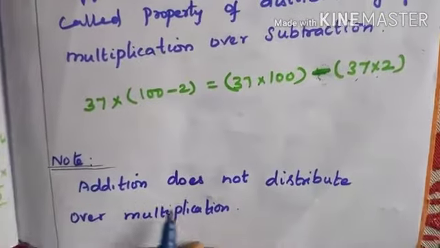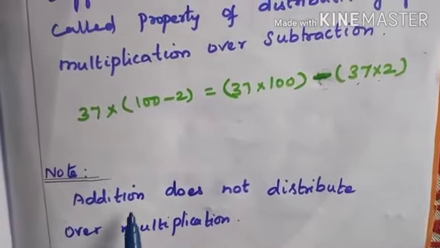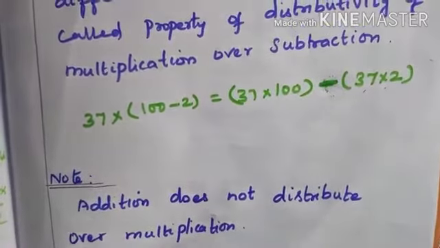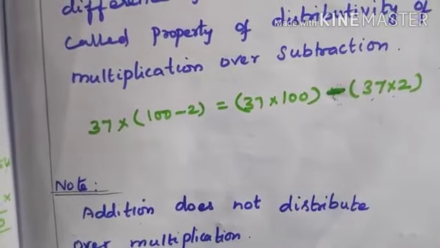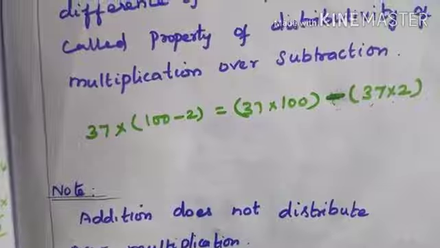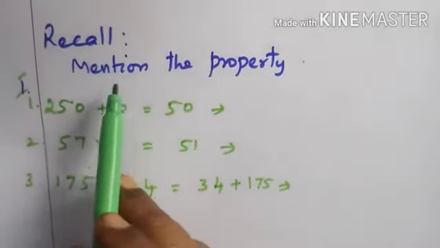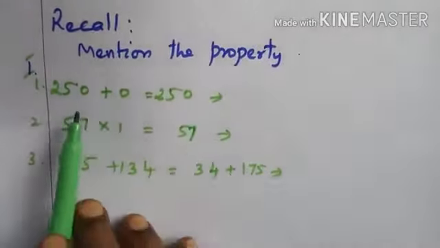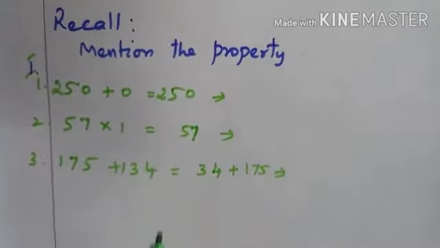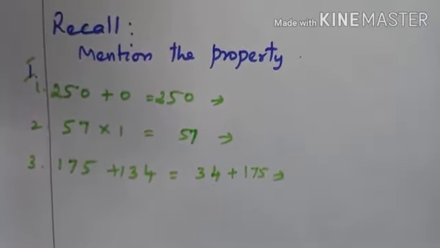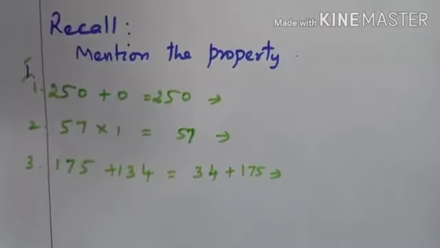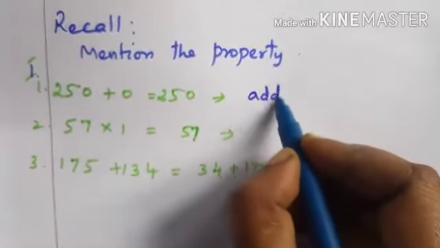But note this one word you have to keep in mind. Addition does not distribute over multiplication. Recall, mention the property. 250 plus 0 equal to 250. What is the property here? Additive identity.